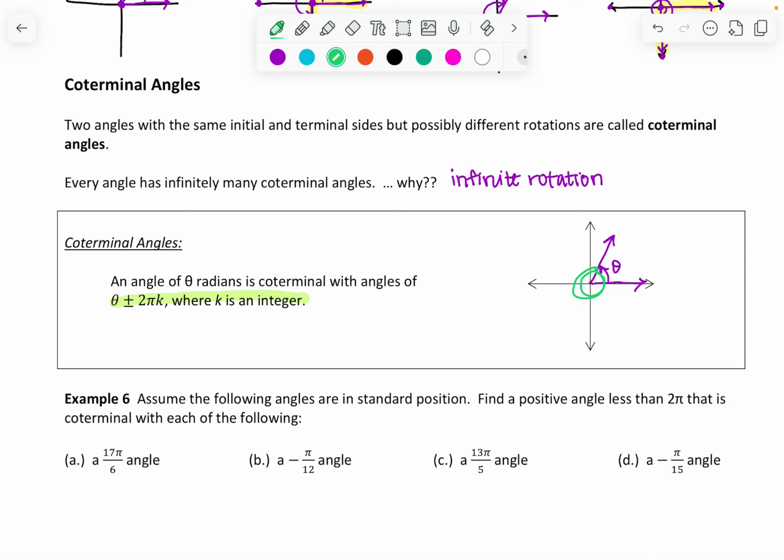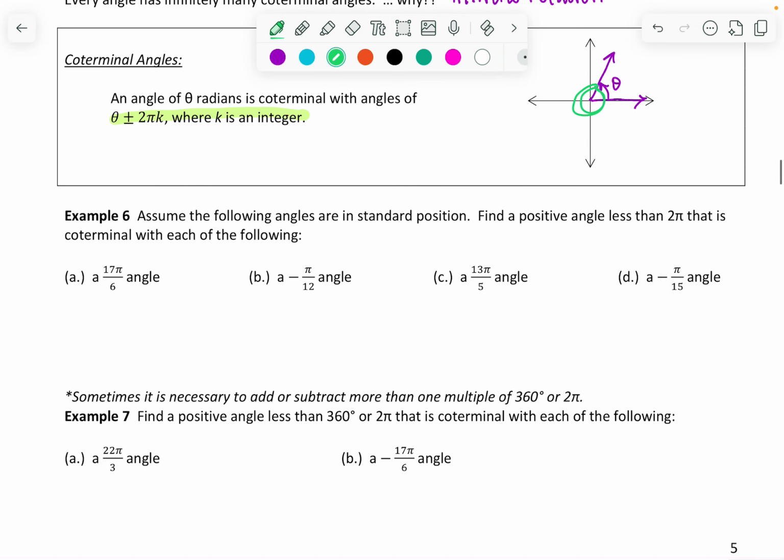Like that, okay? So the way that we find coterminal angles is to add or subtract 2 pi. Now we are working with fractions here, so we're going to need common denominators, and you are going to want to work these out by hand because we don't want to put the pi's in our calculator, okay?